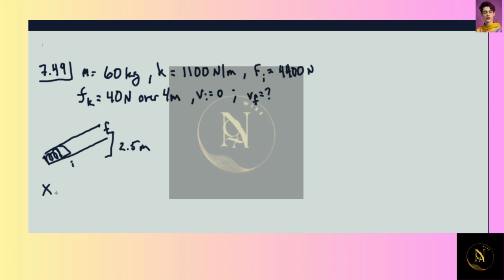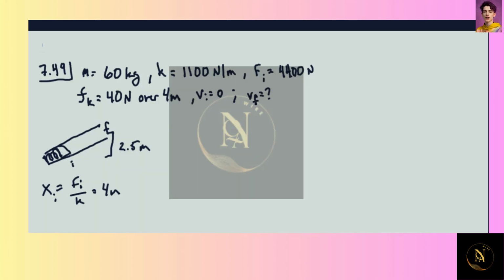So the compression of the spring is just going to be the initial force divided by its spring constant. So it's going to be compressed by 4 meters because 4,400 is 4 times 1,100.